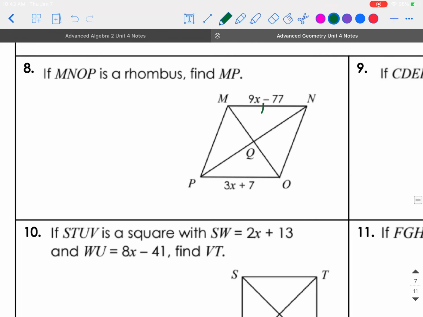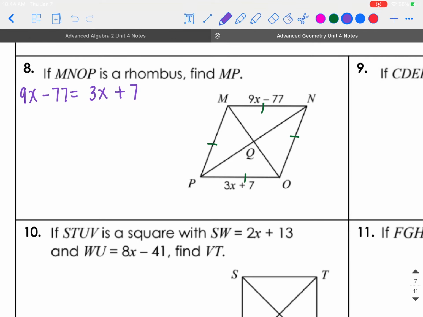All right, we have a rhombus, and in a rhombus, we know that all 4 sides are equal. So I can set those 2 expressions equal to each other. 9x minus 77 equals 3x plus 7.